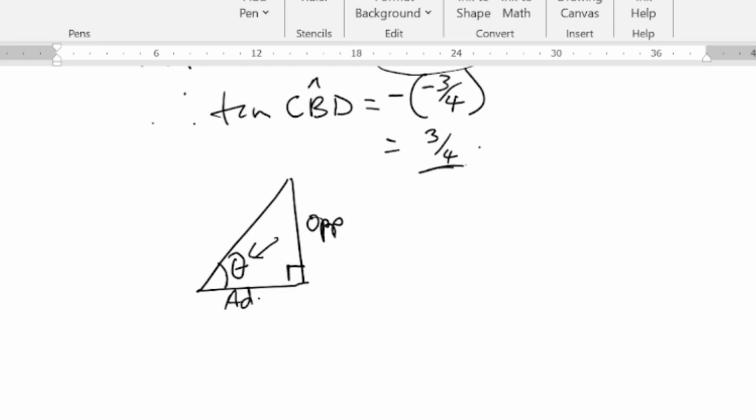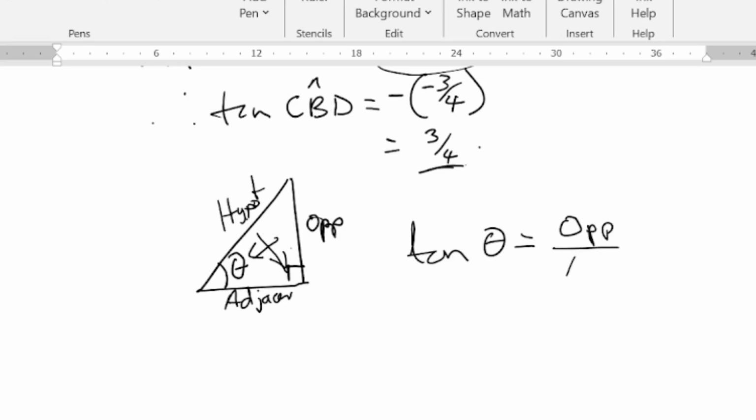This is the adjacent, where it sits. And this is the hypotenuse. Why hypotenuse? Because it's directly opposite the 90 degree angle. So when we are talking about tan of angle theta, it's going to be the opposite over the adjacent, which is this one here over this one there.